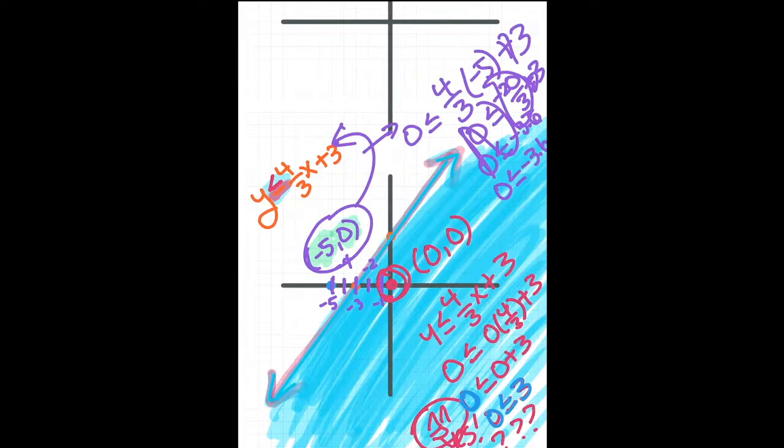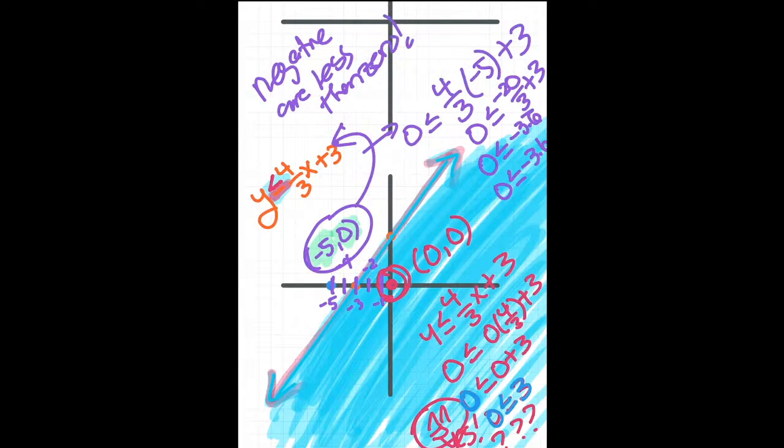No! 0 is always bigger than a negative number, because remember, negative numbers are less than 0. So 0 cannot be less than a negative number. This statement is false. This cannot be the answer. So we're right. Our answer has to be right. We just proved it two ways.